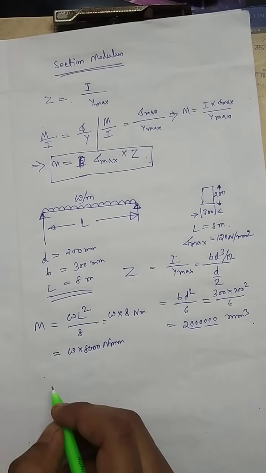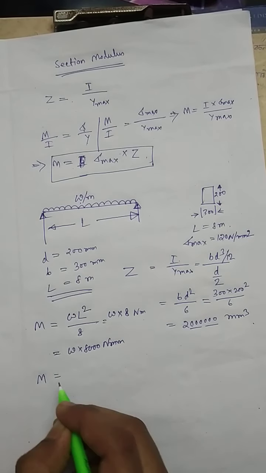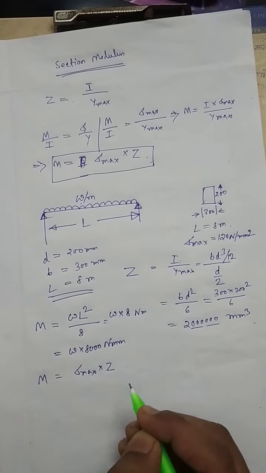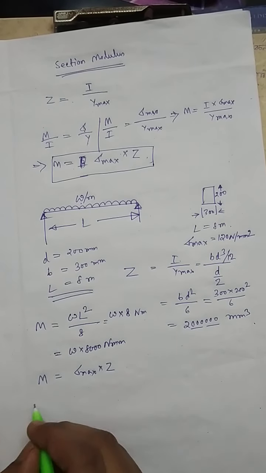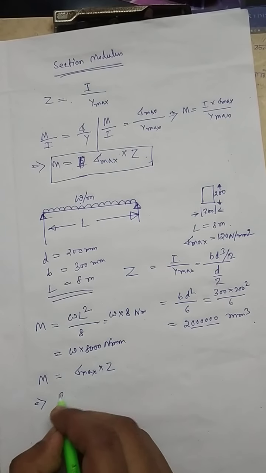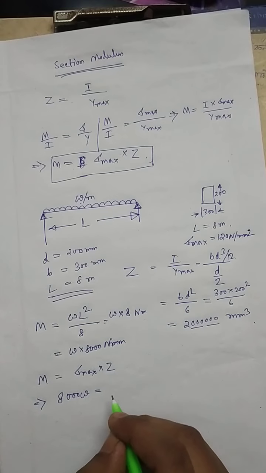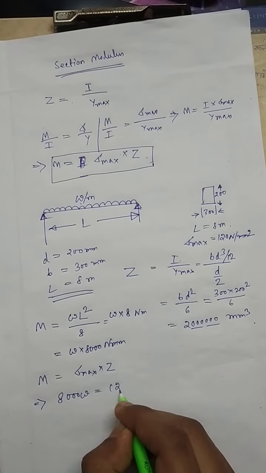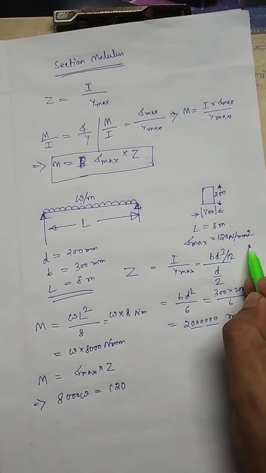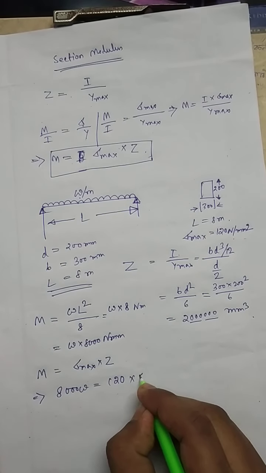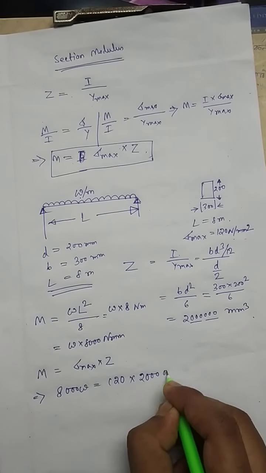Now you have the formula again, M is equal to sigma max into Z. So from here we will put 8000 into W is equal to sigma max, which was given as 120 Newton per mm square, into the value of Z we have already found out.